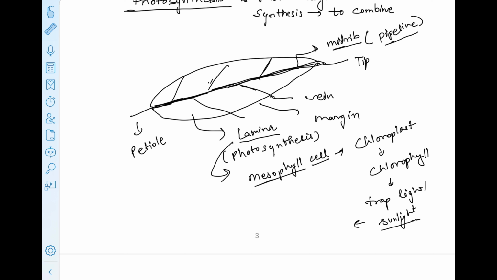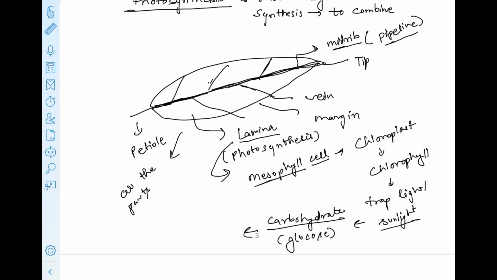In the presence of this sunlight, using all the raw materials, plants make their food, which is known as carbohydrate. Generally glucose is prepared. So the plant uses this food material and this food is transported from the leaves to all the parts through vessels.